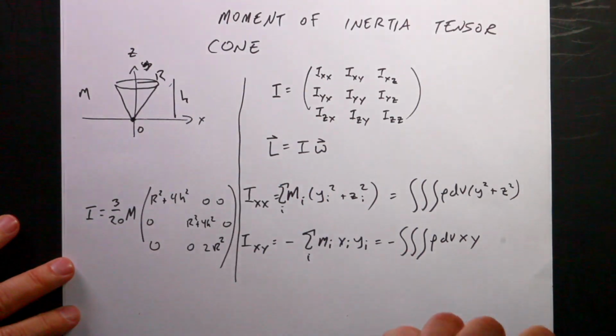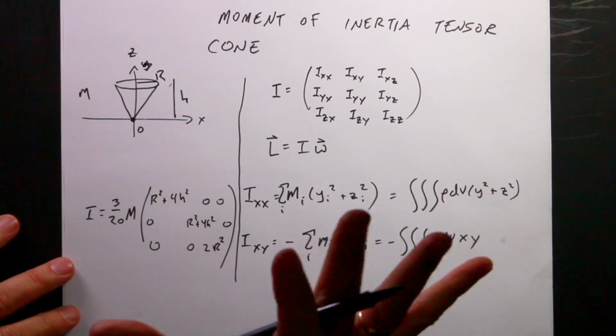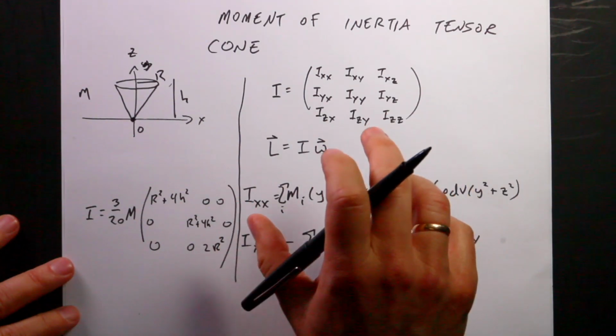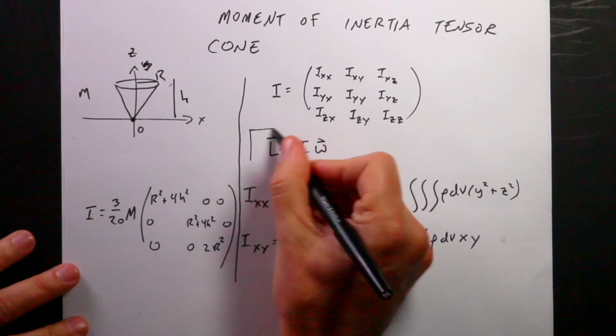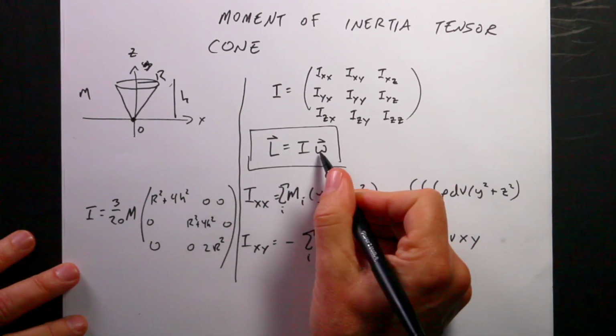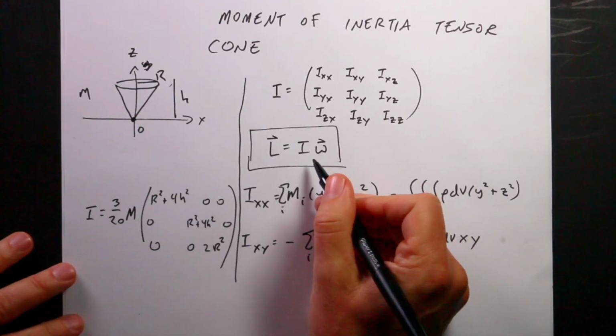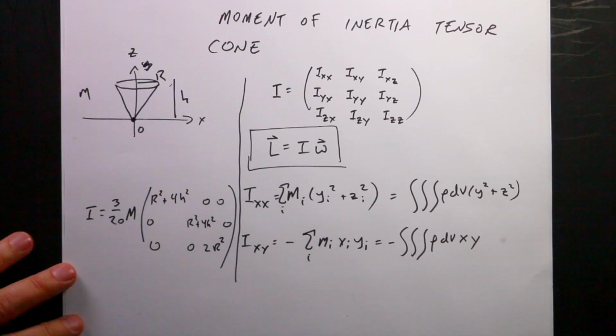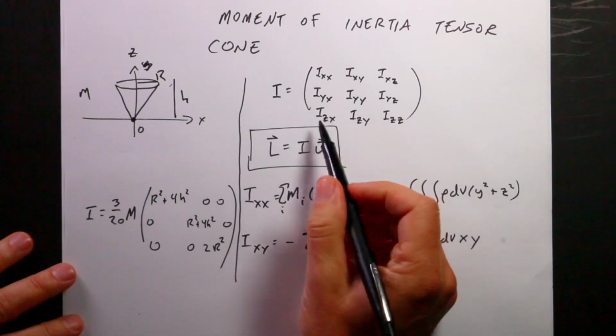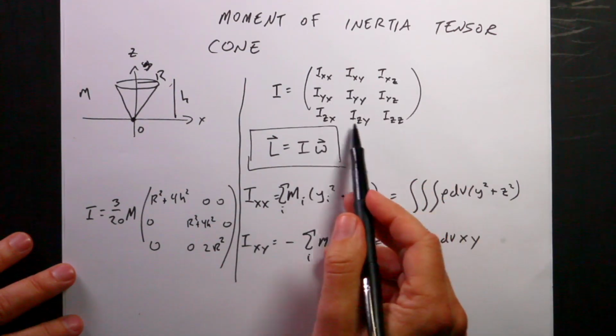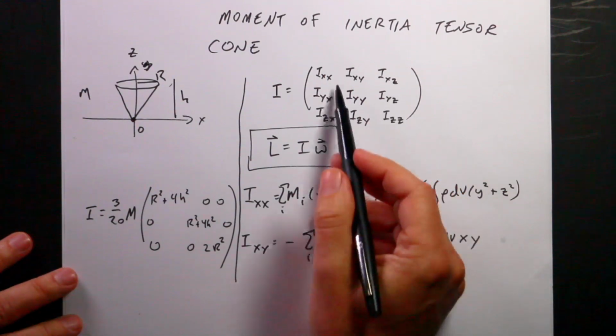So what is the moment of inertia tensor? If I have a rigid object and it's rotating, then the following is true. The angular momentum and the angular velocity are related by this moment of inertia tensor, so they don't have to be in the same direction. And then I can find the components of the moment of inertia tensor.